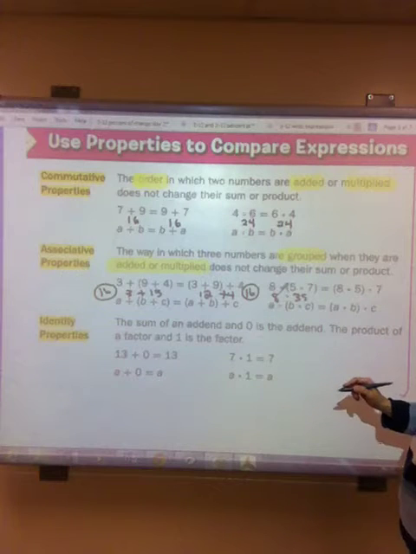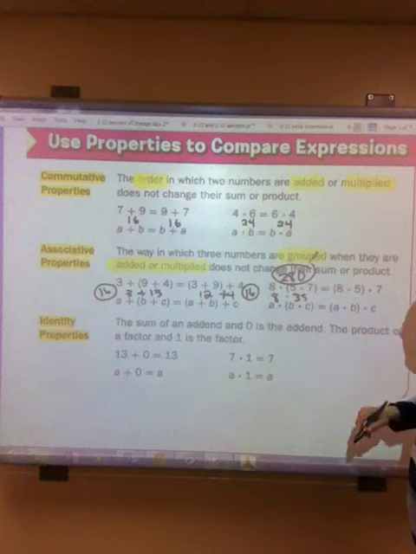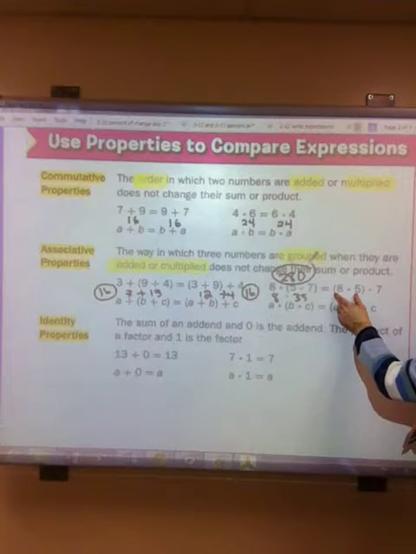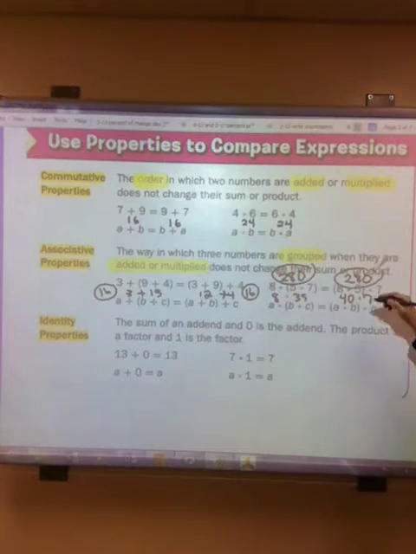And that should give me 280. And if I do things in a different grouping order, 8 times 5 is 40, and then multiply by 7, I will still get 280. So the associative property says that the way in which numbers are grouped when adding or multiplying does not change the answer.